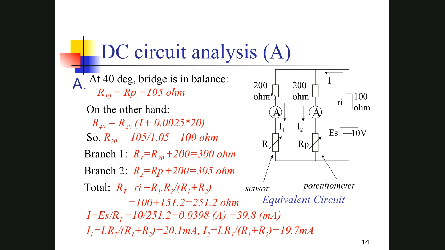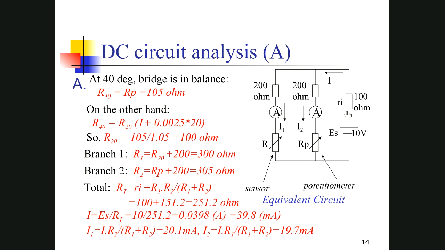The question said that this is a Wheatstone bridge circuit. So it includes two arms in parallel, arm 1 and arm 2. Then it's supplied by a DC source which has a 10 volt internal electromotive force with 100 ohm internal resistance.